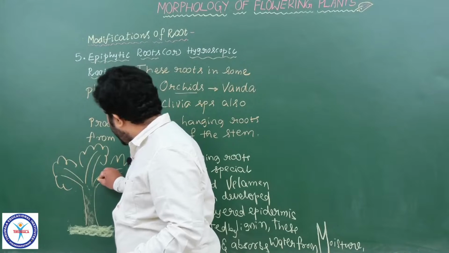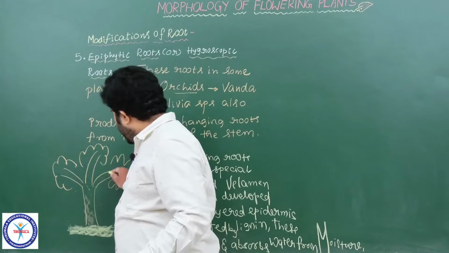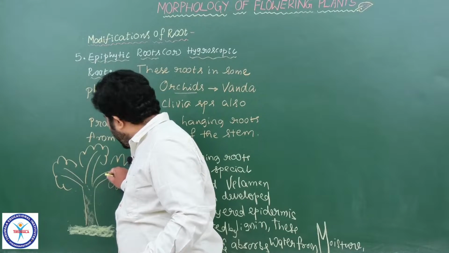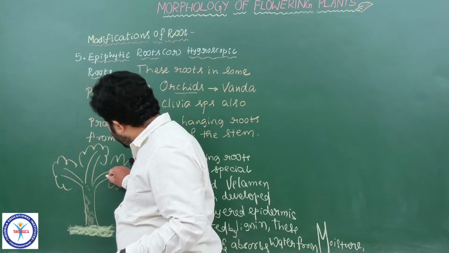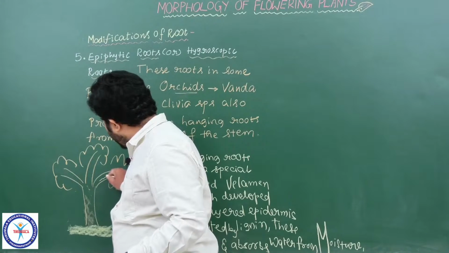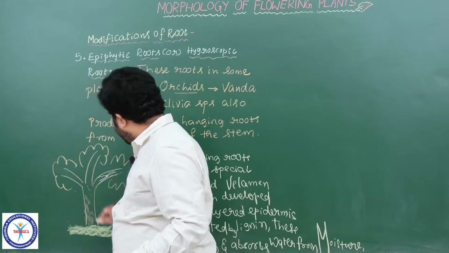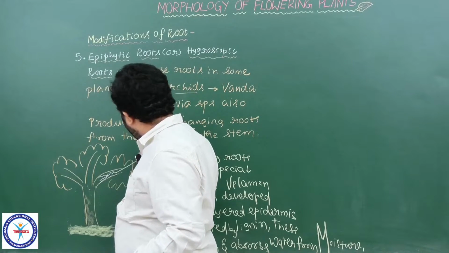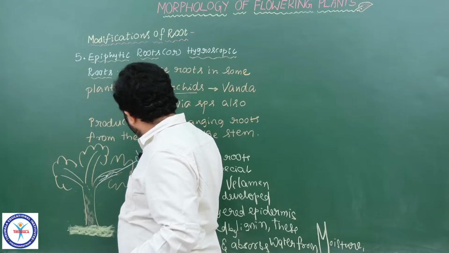On this particular tree we have the bark here. On this particular bark, a small plant develops by first producing roots which percolate into the cracks or breaks of the bark. These are called clinging roots. Note down, students, clinging roots.